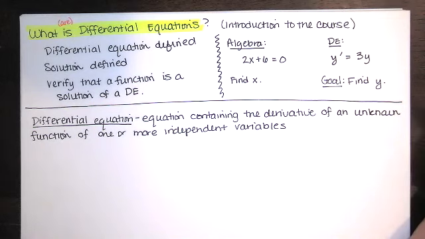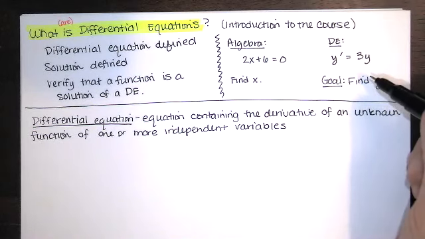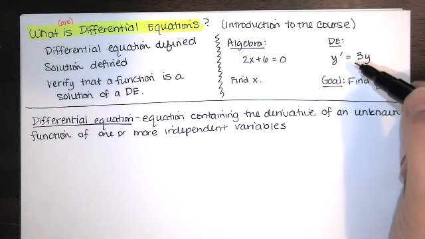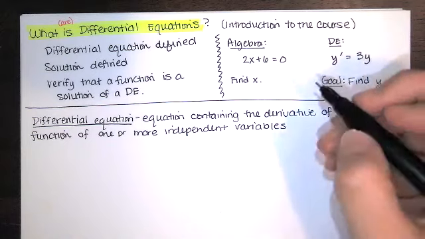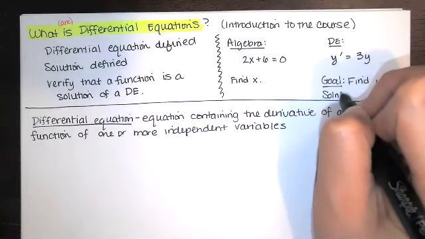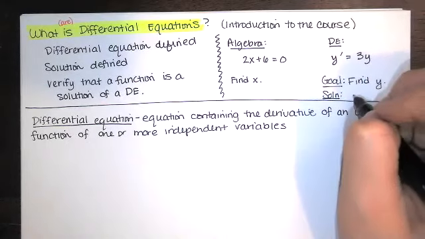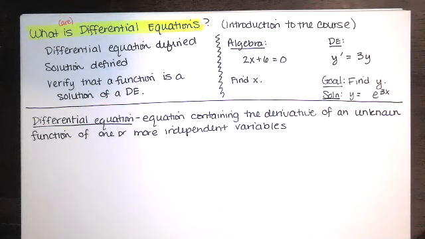So you're saying to yourself, okay, what function is out there that I can take the derivative of, that when I take its derivative, I get 3 times the original function back? Well, here's one solution to this differential equation. y equals e to the 3x will work, because if I take the derivative of e to the 3x, I get 3 times e to the 3x.